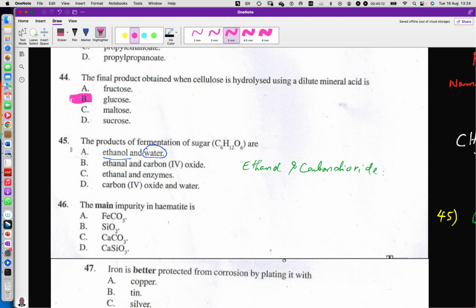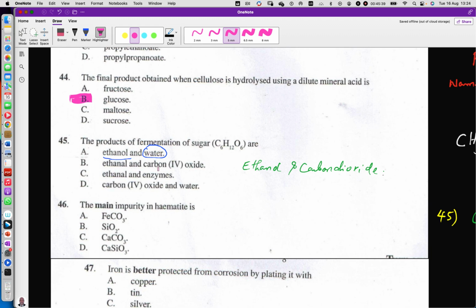45. The products of fermentation of sugar, that is C6H12O6, are ethanol and water? Ethanol is one of the products of fermentation, but the other is not water, it is carbon dioxide.